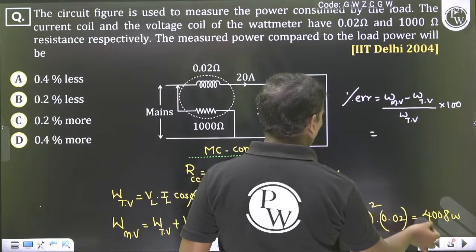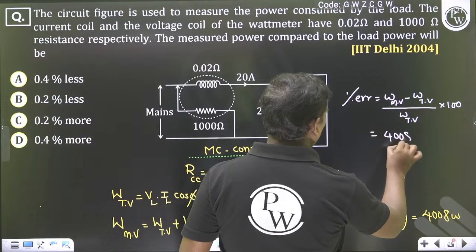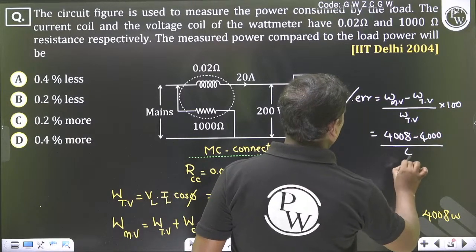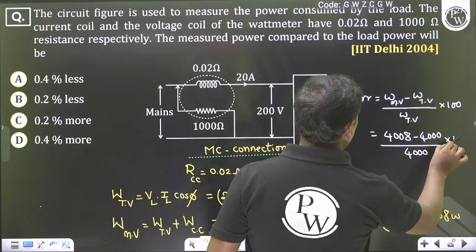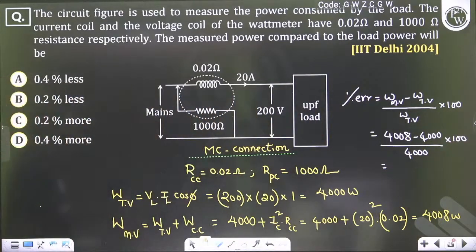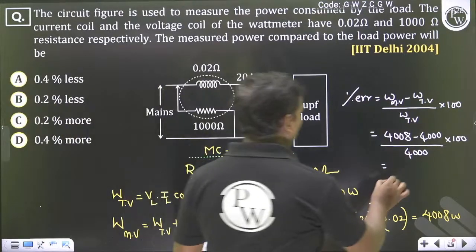So measurement value is 4008 minus true value is 4000 divided by 4000 into 100. तो एक बार चेक करके बताइए कितना आ रहा है। It is coming as 0.2% more आ रहा है। So the right answer is 0.2%.